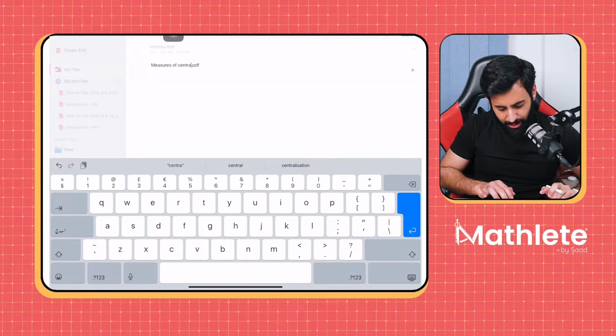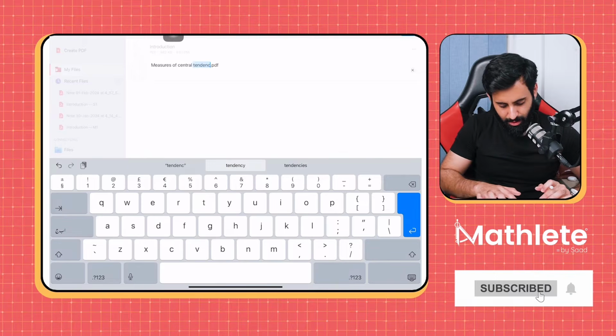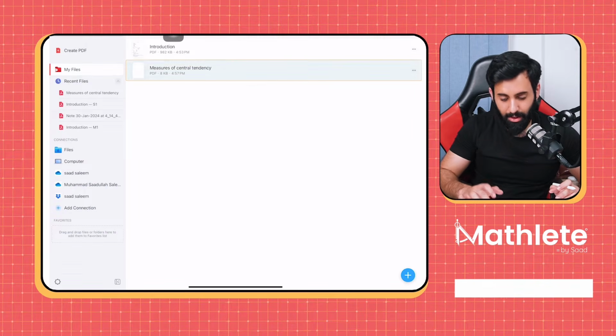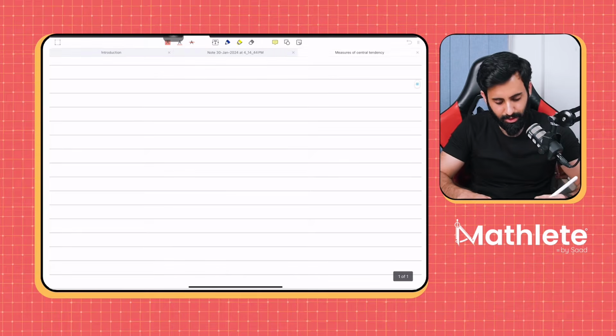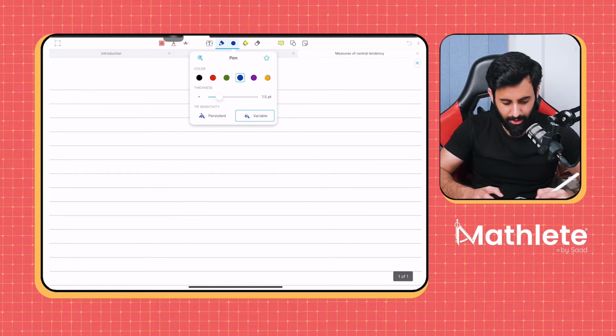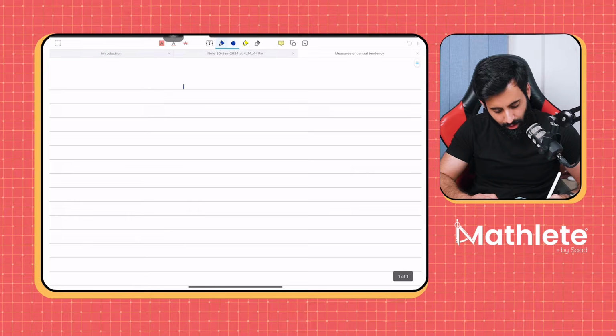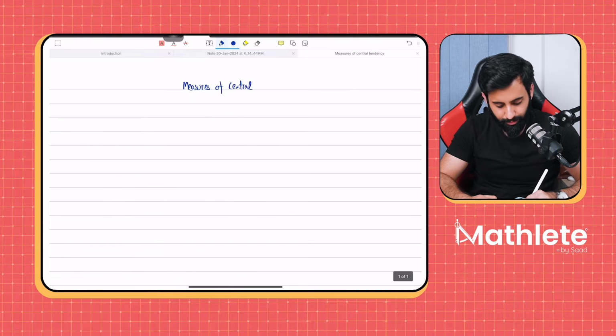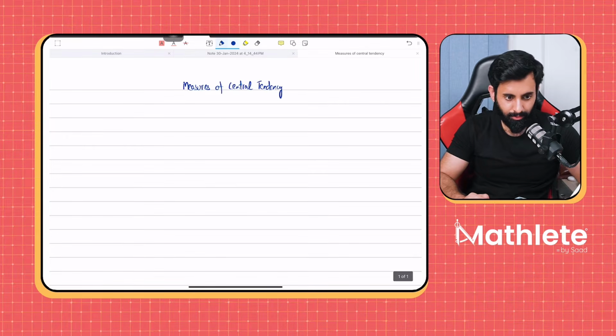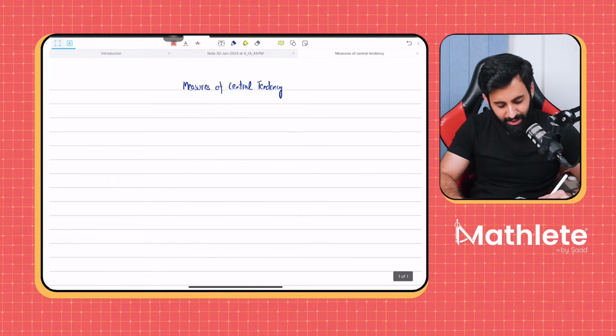Okay, so measures of central tendency. Does this remind you guys of something? Measures of central tendency. We're officially starting, by the way. Measures of central tendency.